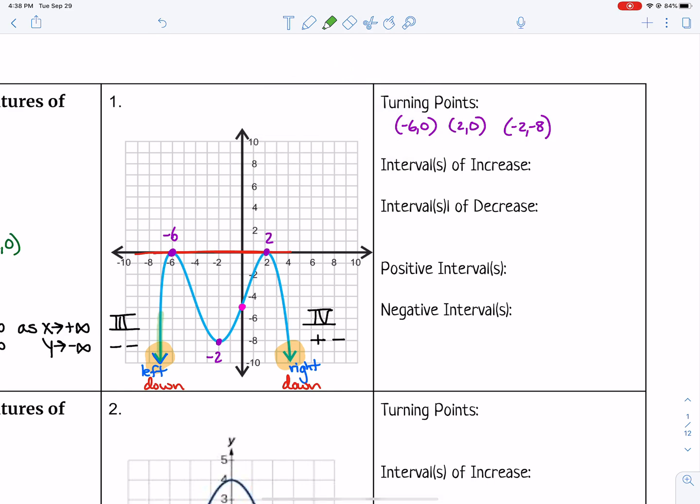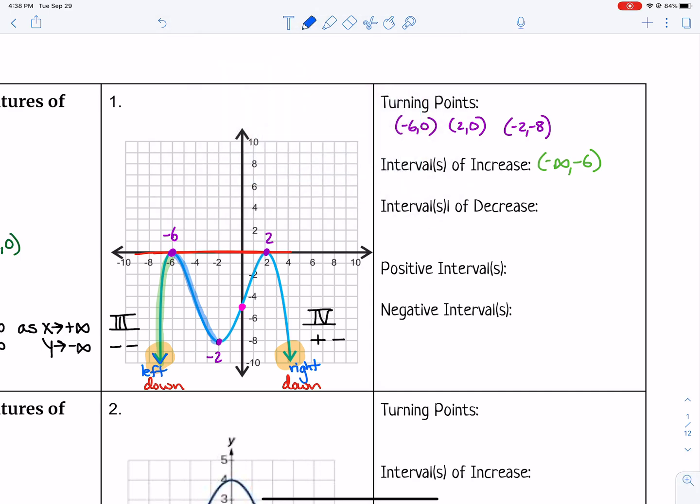So this graph has an interval of increase from negative infinity up to -6. So let's write negative infinity up to x equals -6. But then the graph goes down between -6 and -2.